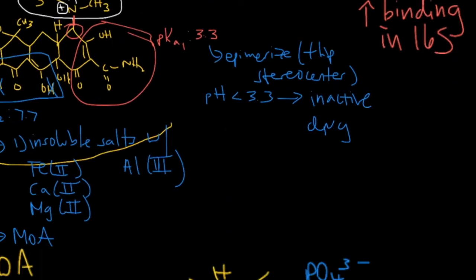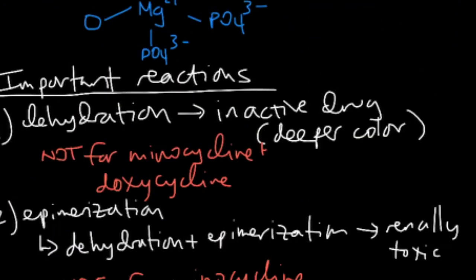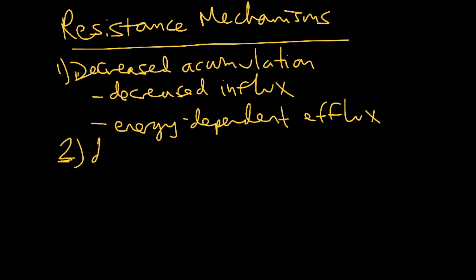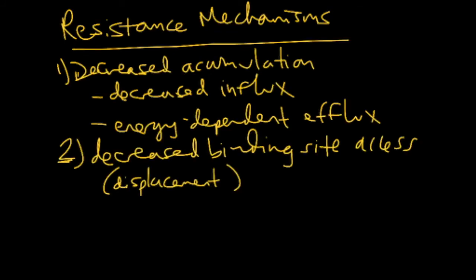And speaking of resistance, here are some resistance mechanisms that bacteria have developed to work against tetracycline. Bacteria have developed at least 2 ways to become resistant against tetracyclines.